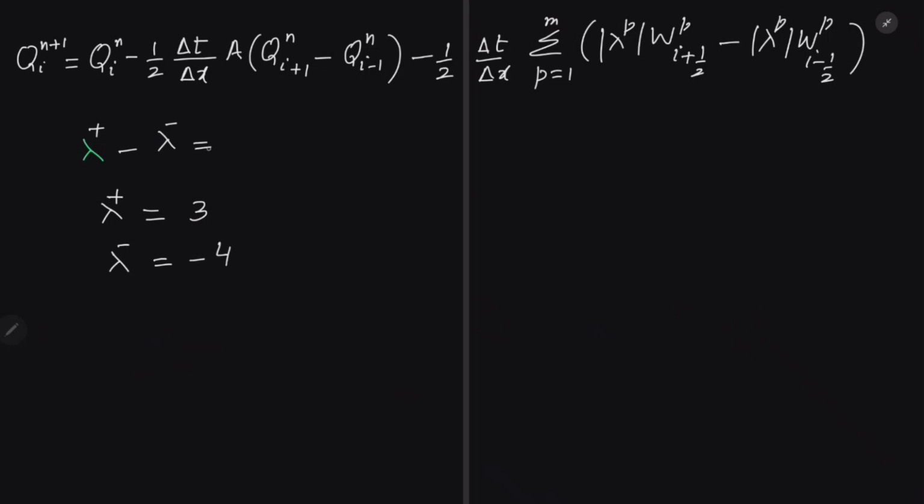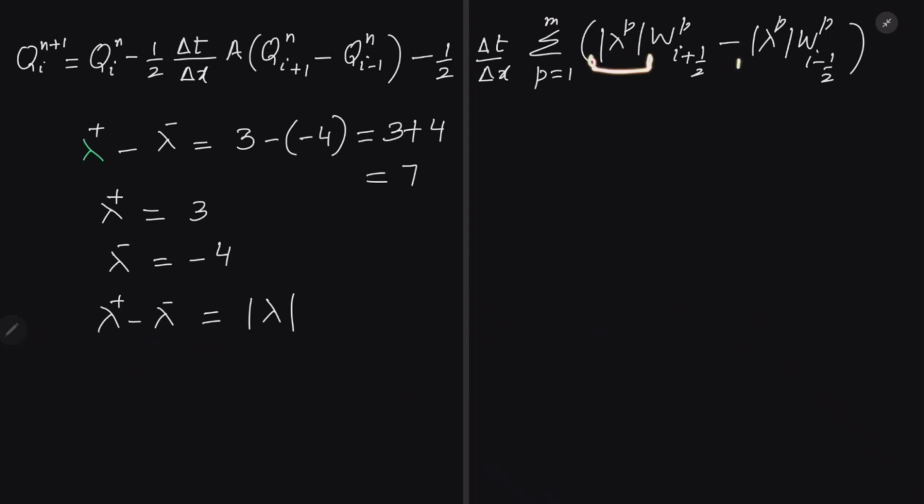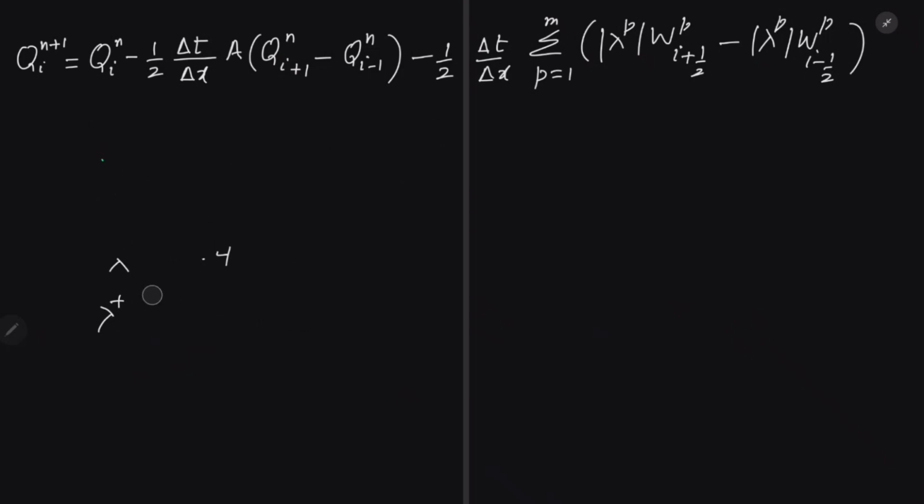Even if you put all these values over here, we have 3 plus 4, which is equal to 7. So whatever the speed is, these two lambdas can be replaced with lambda mod, and this lambda mod appears over here. That's why there is a mod in this numerical method. So this is the numerical method for Roe's method.